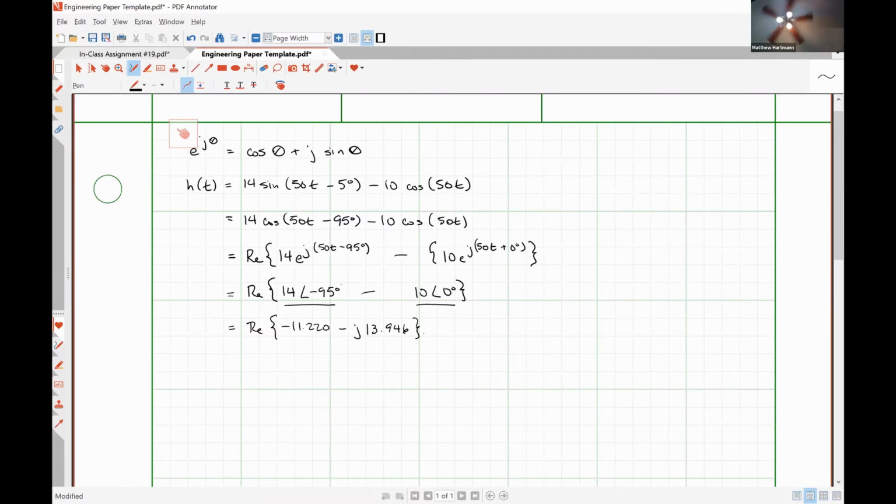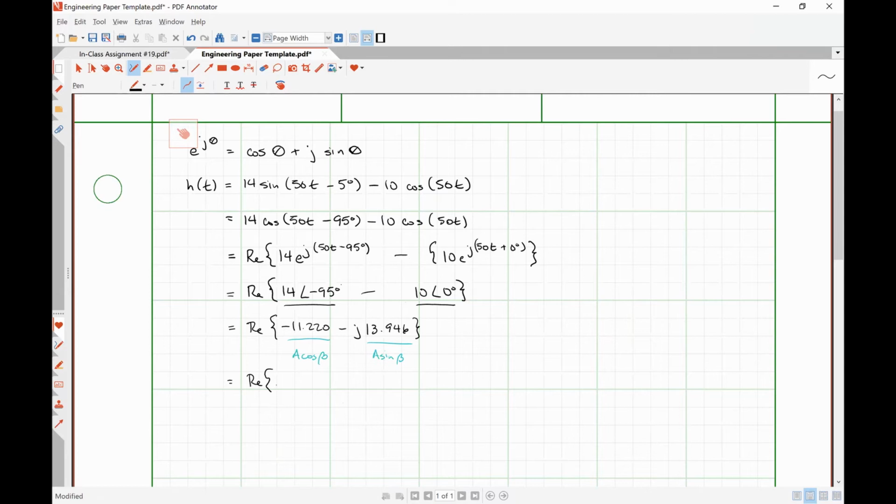Those numbers should hopefully look fairly familiar, because this negative 11.220 we found to be a cosine beta, and this negative 13.946 we found to be a sine beta. Could you convert that rectangular form complex number into a polar form complex number? What kind of calculator do you have?